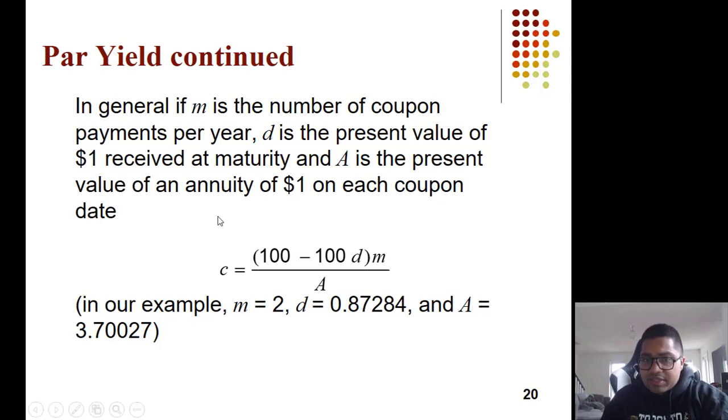M is the frequency, and generally it is semi-annual, so 2. A is the present value of $1 of coupon. You solve it and generally you get an answer. That is nothing but par yield.